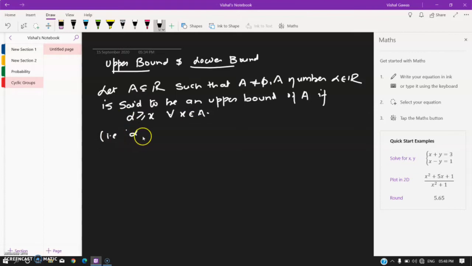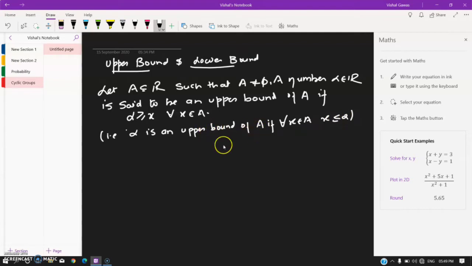That is, alpha is an upper bound of A if for every x in A, x is less than or equal to alpha.